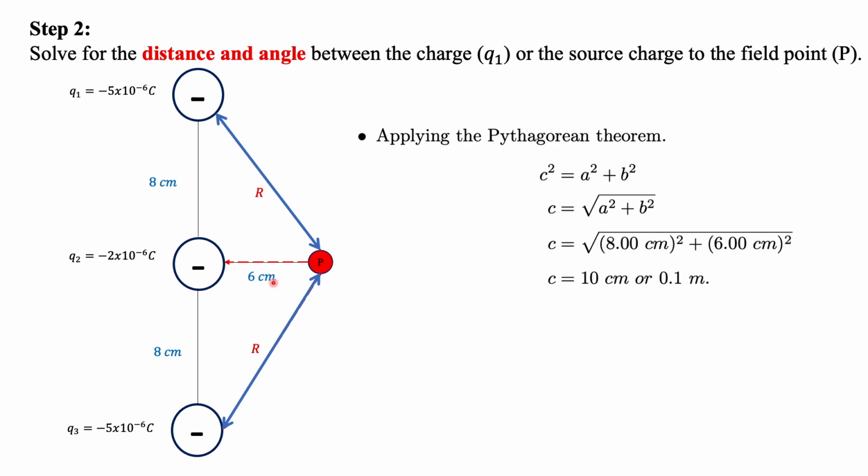It means that this distance r from my source charge Q1 up to the field point is just 0.1 meters. And so is Q3 to the field point, that is just 0.1 meters. And Q2 to the field point P is just 6 centimeters.